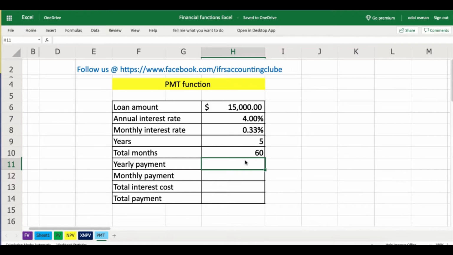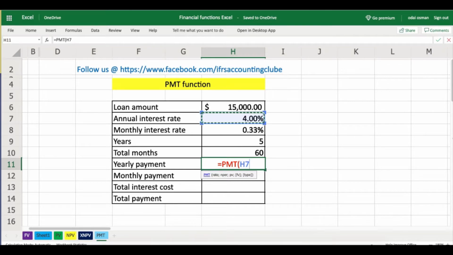The yearly payment is calculated as equal to PMT. The rate is the annual rate, 4%.